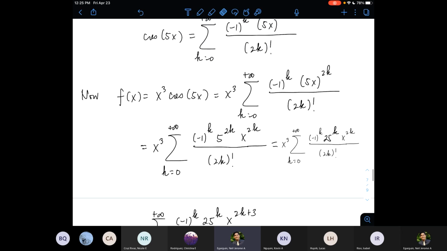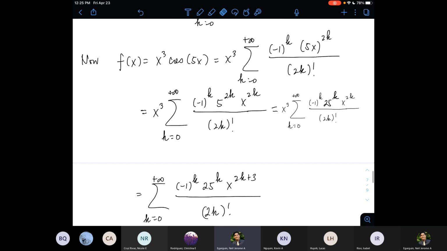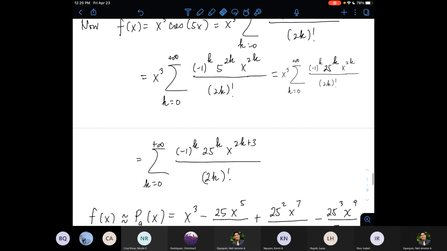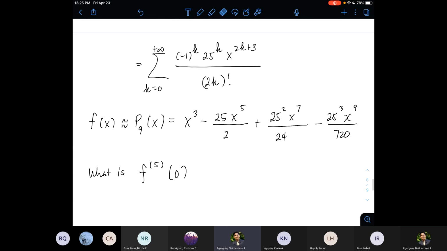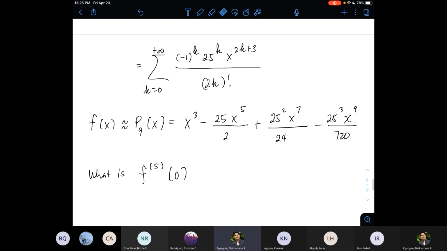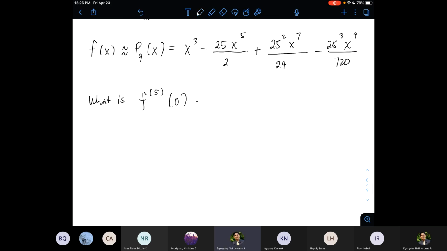And if you look at this formula we have here, f upper 5 will be obtained. Remember in the series expansion, this guy is equal to f upper k at 0 all over k factorial times x to the upper k. Maybe I'll just verbalize that here.